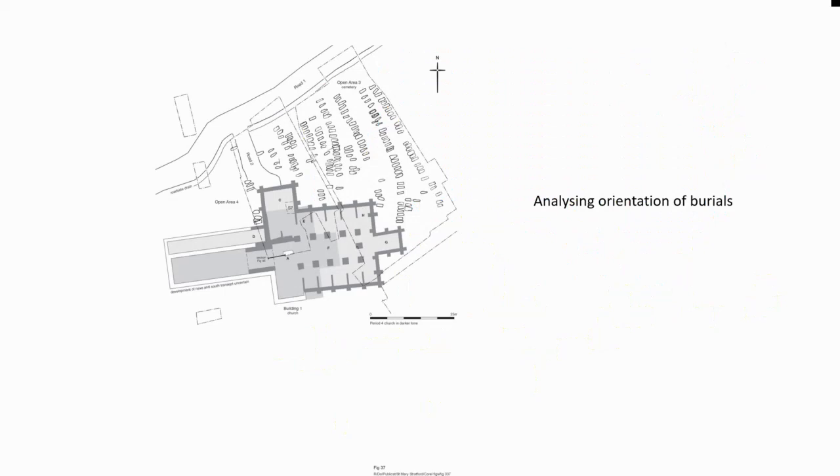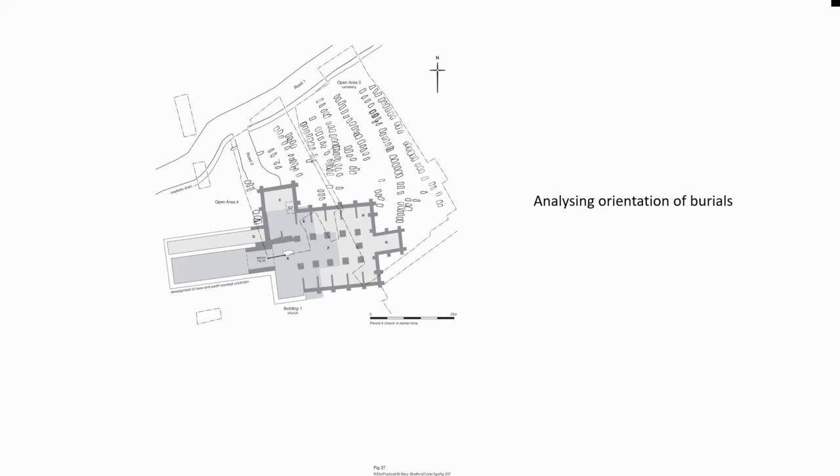Another thing to consider in these cemeteries, which has proved quite useful in other sites, is the orientation of graves. Now, we're not solely talking here about orientation as a proxy for the faith of the person who's buried there, with Christian burials being east-west, for example. It's something more subtle than that.